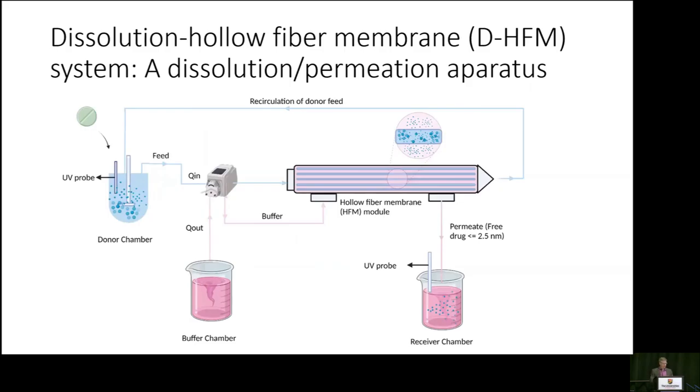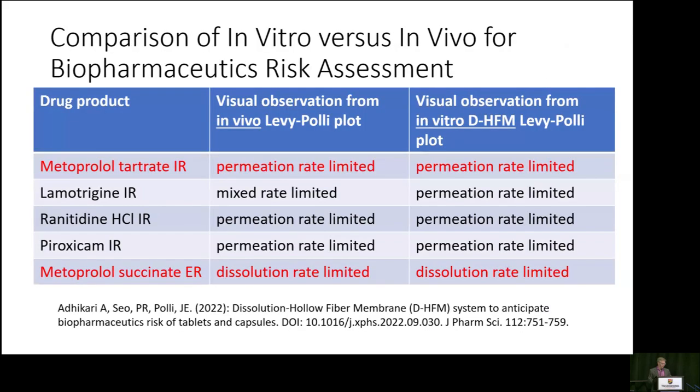And then, trying to anticipate that in the laboratory, here's something we've been working on for a couple of years: a dissolution permeation system involving a hollow fiber system that's hooked up to a USP apparatus.